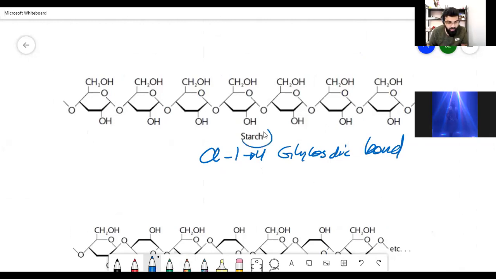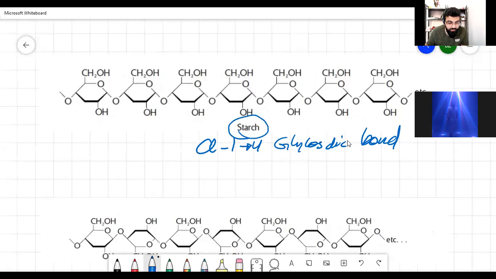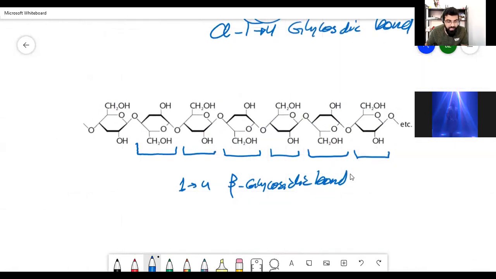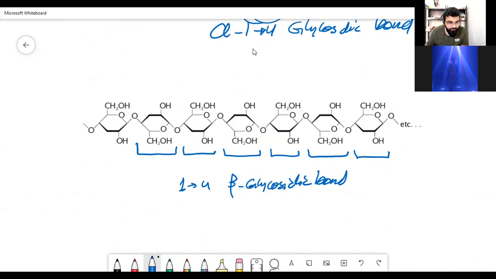Starch has alpha glucoses linked together, while cellulose has beta glycosidic bonds, beta glucoses. Beta glucoses are more structurally stable. Don't forget, beta glucose is the same as alpha glucose except for the position of OH and H, but the bond is different now.